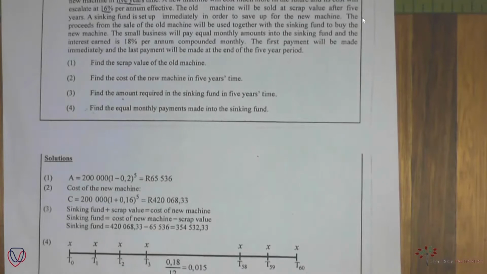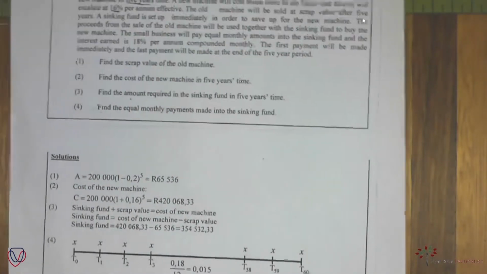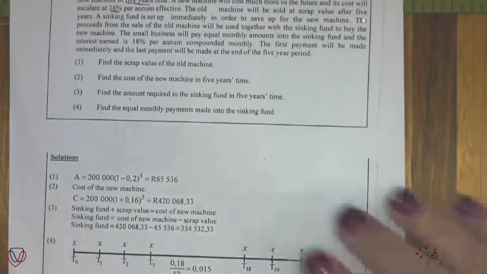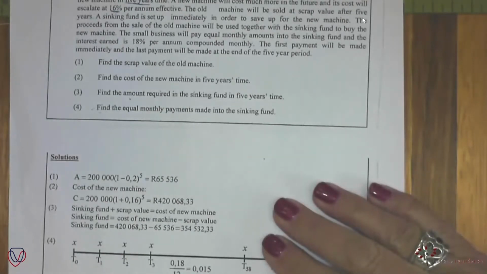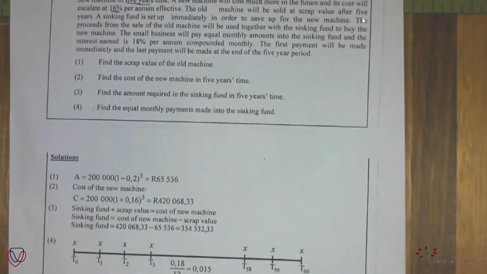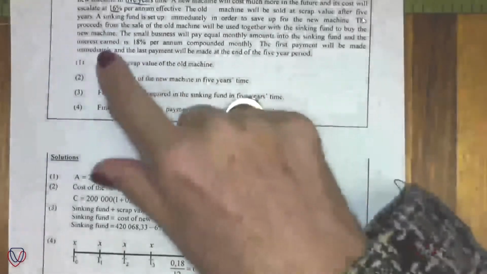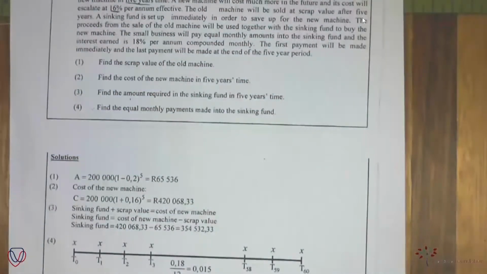So he wants to know what must he invest to have that at the end of the 5 years. So this is going to be the future value formula. Can you see the difference? It's 1 plus i to the power 61. Why 61? Let's go back. The first payment will be made immediately, and the last payment will be made at the end of the 5 years.